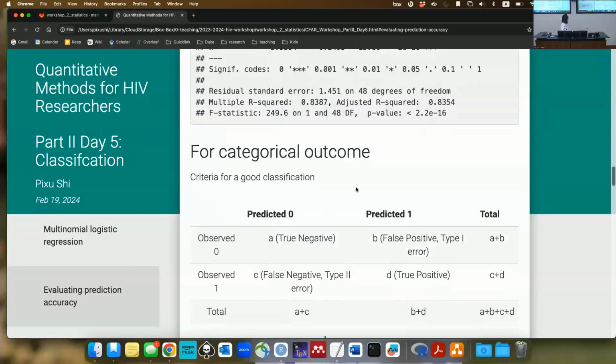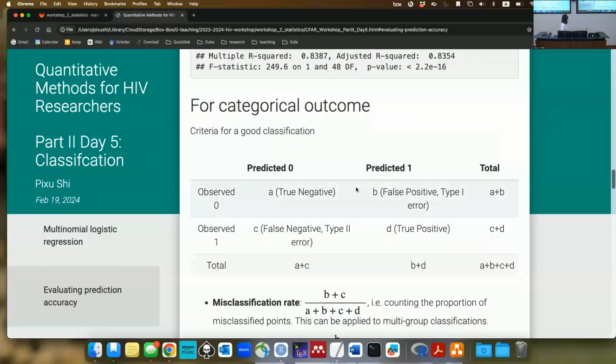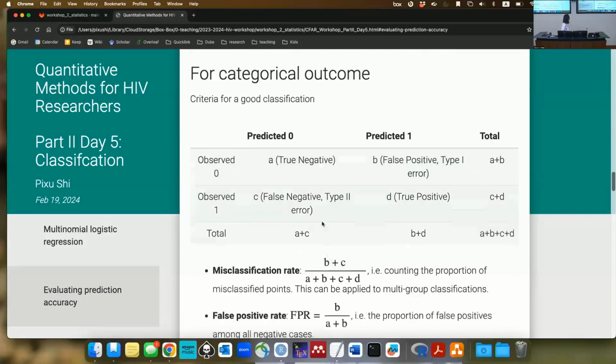For categorical outcome, this is a bigger story. So let's just focus on the two categories, because when we have multiple categories, misclassification is the one that we use. That is straightforward. But for two categories, there are different ways of characterizing how accurate we are. The first one is, in this table, I have rows for the observed label and the columns for the predicted label. It's very similar to the hypothesis testing type 1, type 2 error thing.